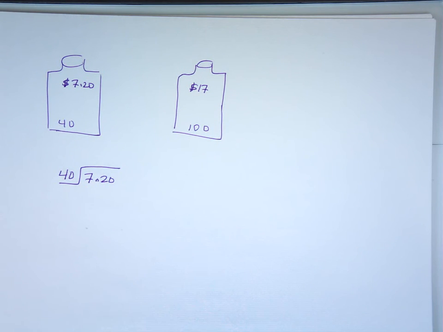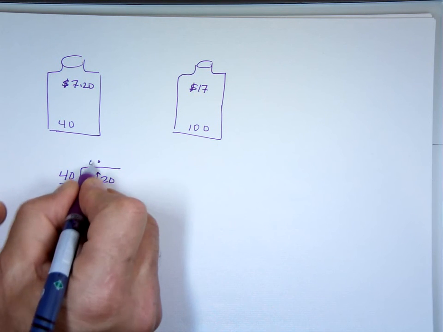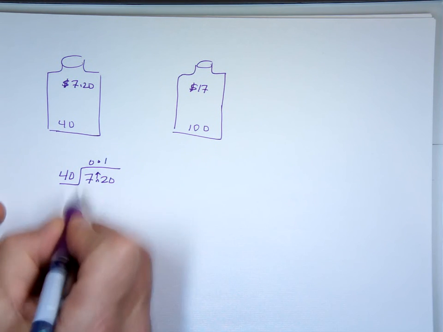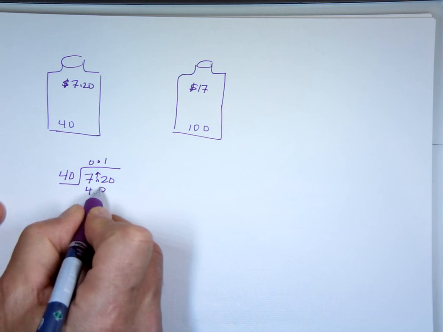Move that decimal point there. 72 by 40, 1 times 40 is 40. The remainder is 32.